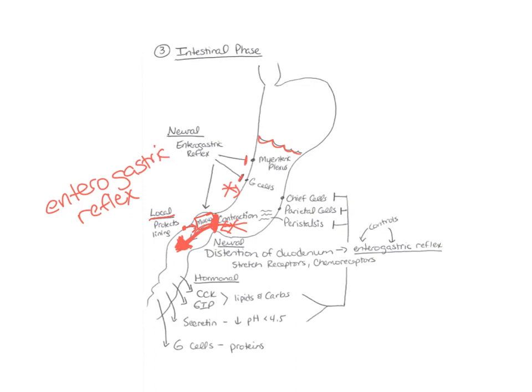And the last part of the intestinal phase is a hormonal response, and that's because with all of the chyme that's coming into the duodenum, it's going to trigger the cells lining the duodenum to release duodenal hormones. When lipids and carbs are in the chyme, the duodenal hormones that are released will be CCK and gastric inhibitory peptides.